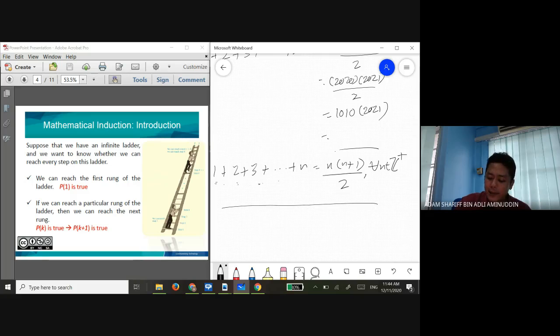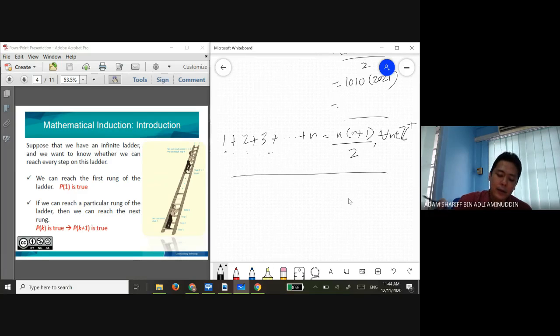So you can imagine this like a ladder. If you can reach the first step, and you assume that you can climb a certain step k, and you prove that the case of k plus 1 is true, then you can assume this will be true for every possible n.